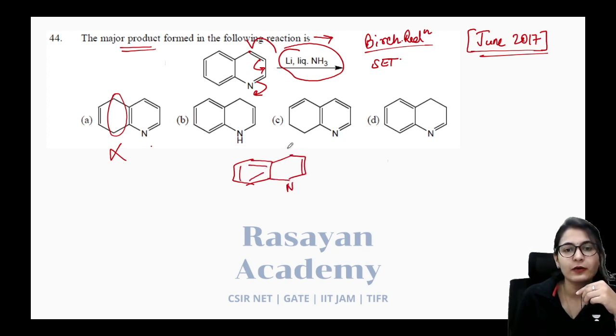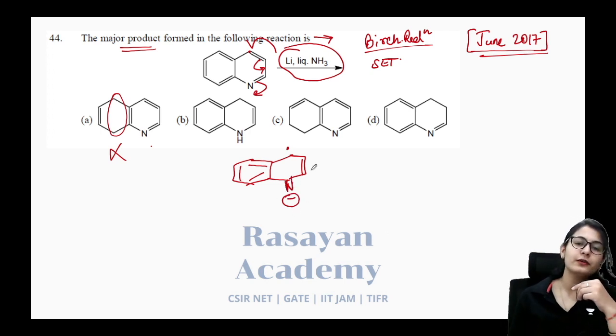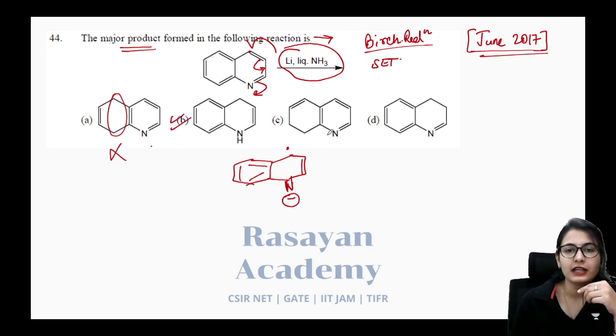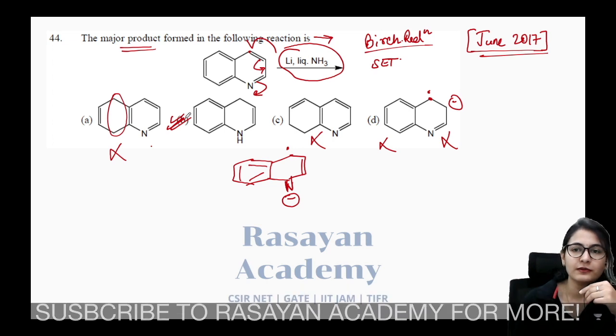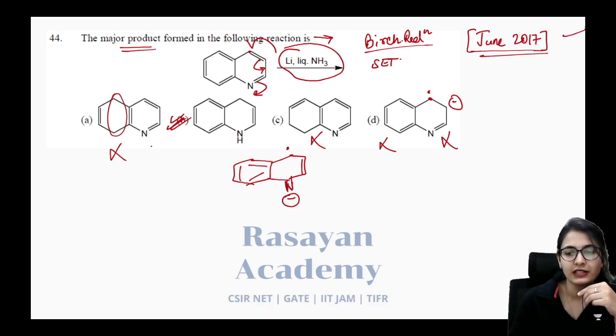So the radical anion is going to be like this, this is the nitrogen itself. You are going to get 1,4 reduction. So B is going to be the correct answer, not C and not even D, because in 1,2 the radical and the anion will not stay like this. This is absolutely wrong. So the answer is option B for the first question, Birch reduction, June 2017.